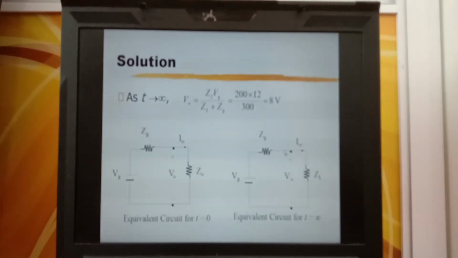So the voltage at the load end is equal to the voltage at the source end. Using voltage divider rules, we get a voltage of 8 volts. This is the voltage at the steady state, or at time t close to infinity.